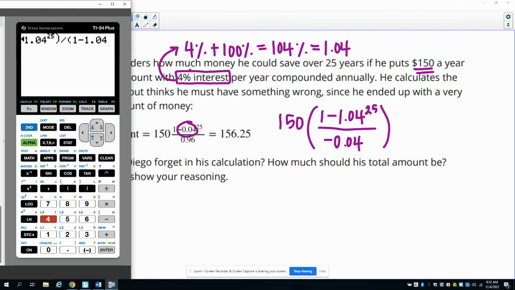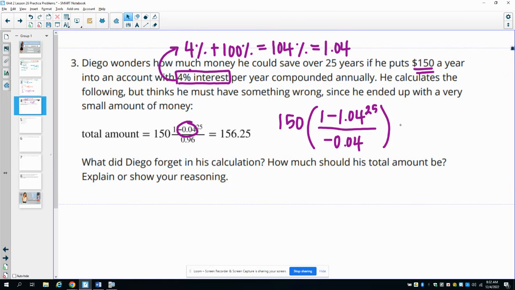And then push enter. So he should have had $6,246.87. So much more reasonable when you're putting $150 a year for 25 years to have that much.